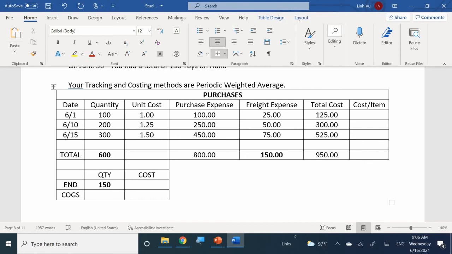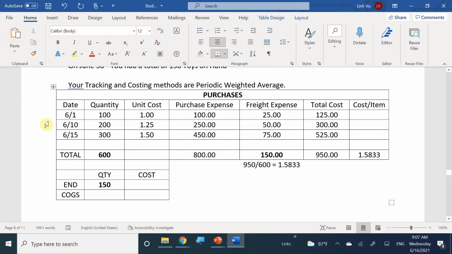So 950 divided by 600 gives me a total average cost per item of 1.58333.